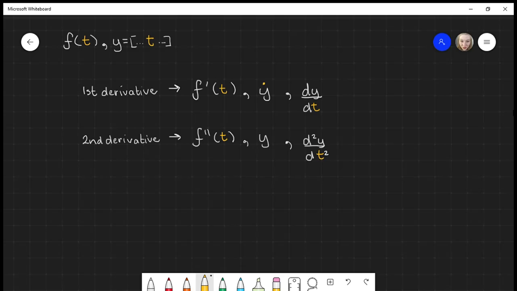Everything else will be the same, it'll just be dt at the bottom of the fraction because it's with respect to time. And for the second derivative, instead of y double dash, it will be y double dot, and everything else will be the same. Just swap the x for t because it's with respect to time.